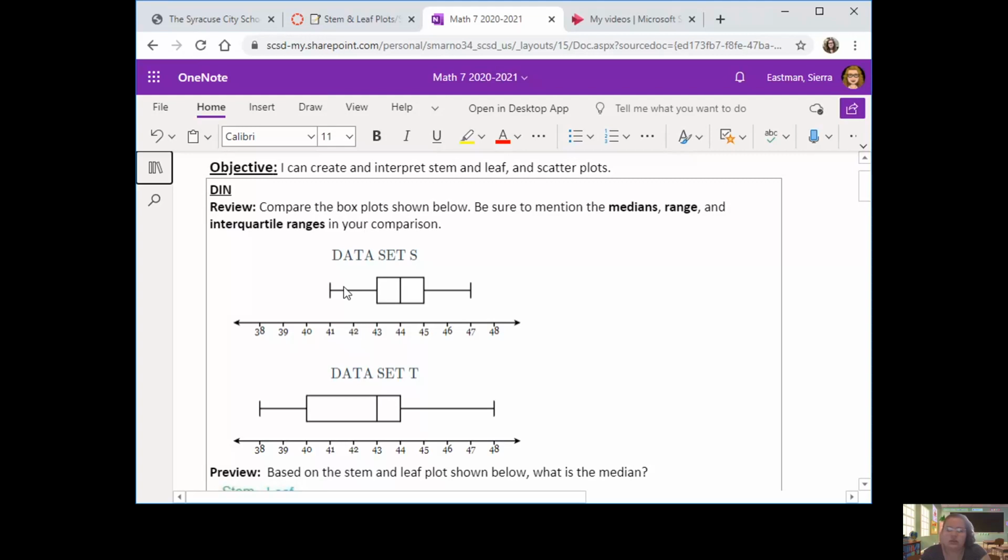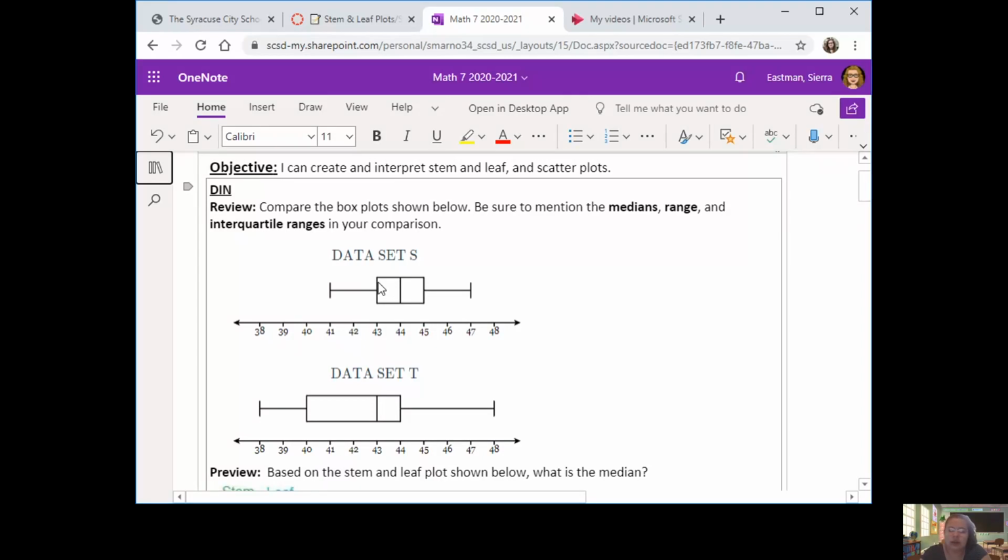So we could have that in our comparison, okay? S's range is smaller. If we were looking at the medians, which is just this middle line, looks like data set S has a median of 44, data set T has a median of 43. So if you're comparing that way, data set S actually has the larger median. And then the very last one, interquartile ranges. That is the box part of our box and whisker plot.